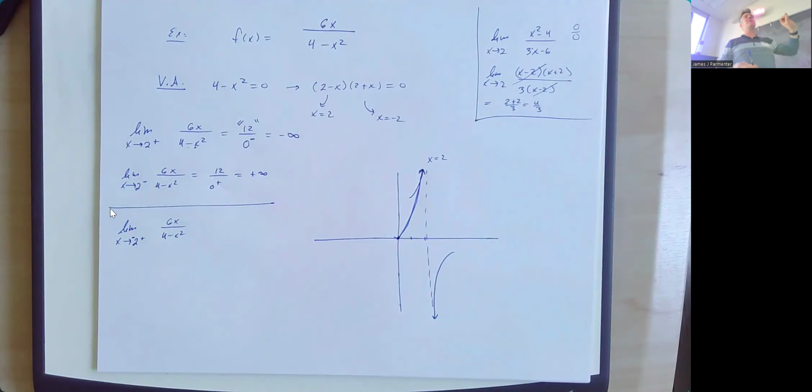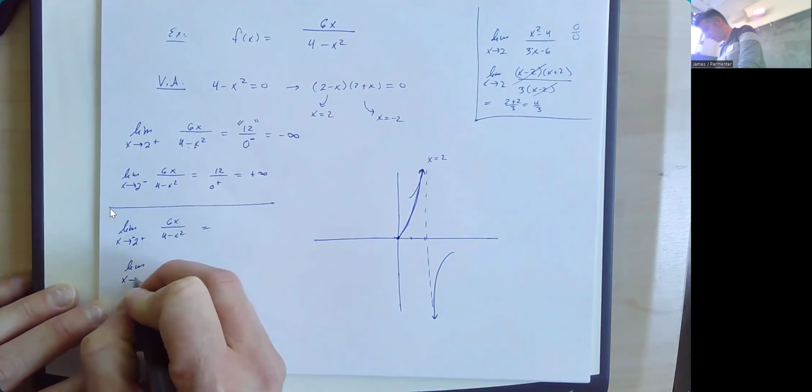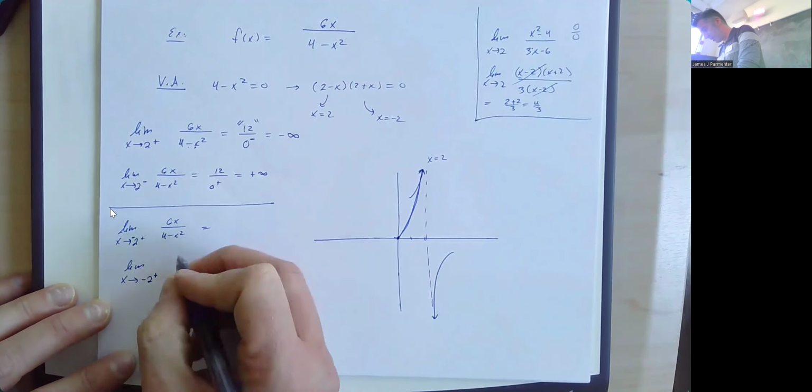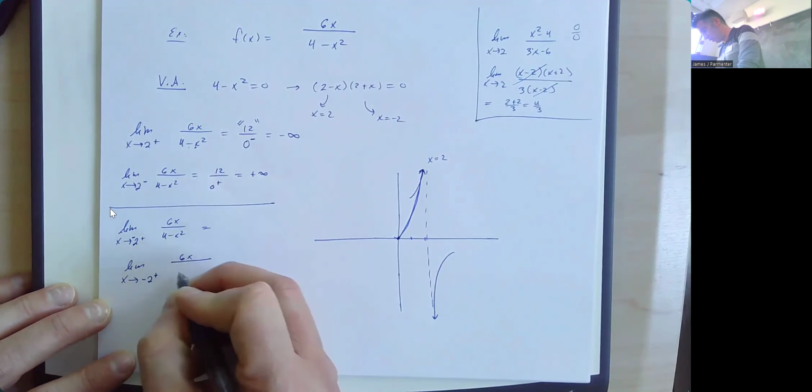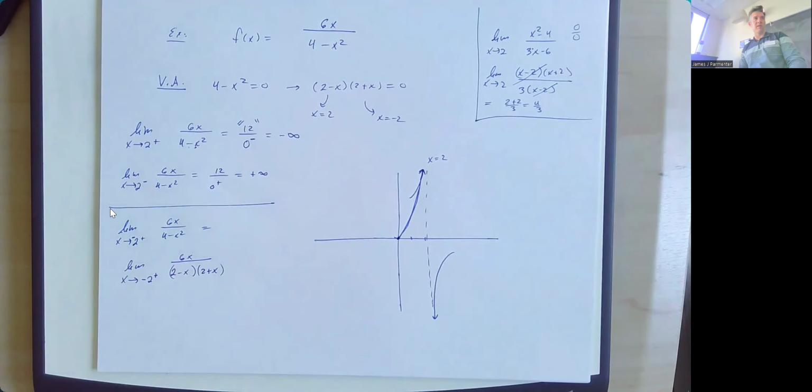It's going to be a lot easier if we factor the denominator here. So I would rather write this as the limit as x approaches negative 2 from the right of 6x over 2 minus x times 2 plus x. It's still hard for me to think of what's going on, to be perfectly frank. But let's figure it out.